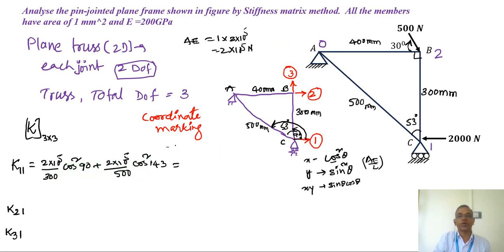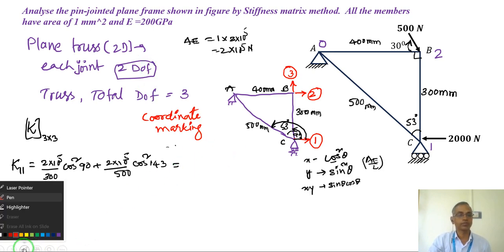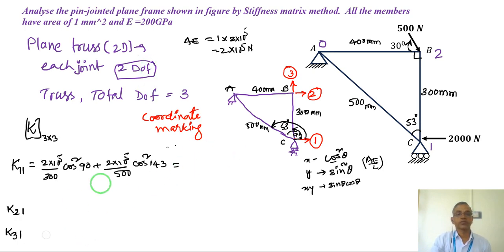So you can calculate this. So K11 is equal to, let us say cos 90 is 0, so only this term is left. So this value is equal to 255, right? This is stiffness, Newton per millimeter.